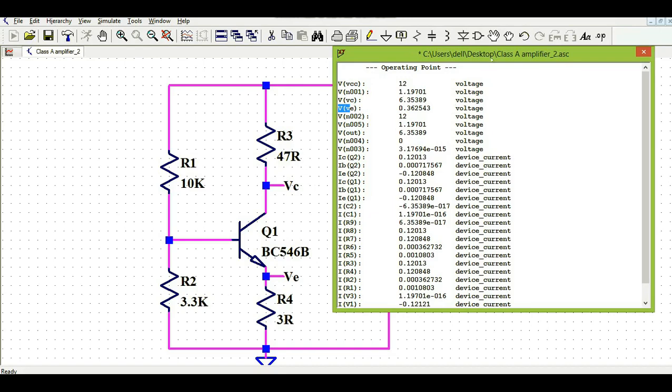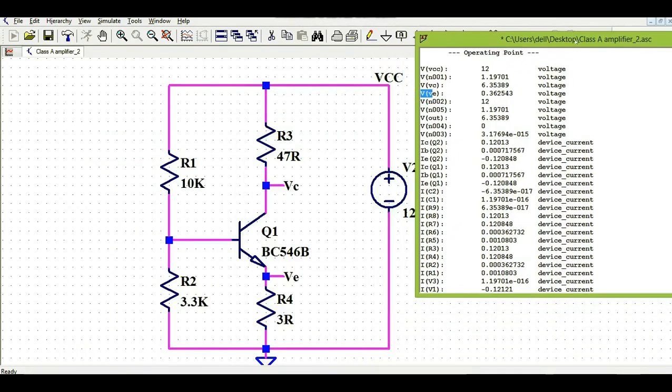Here you can see your VCC is 12 volt, and by using this combination of resistances R3 and R4, I am giving the DC operating point or DC bias point at 6 volt. If you take VC minus VE, 6.3 minus 0.3, you will get 6.